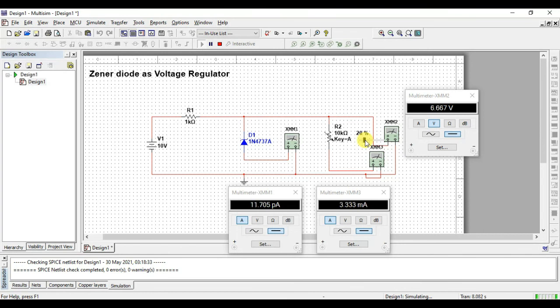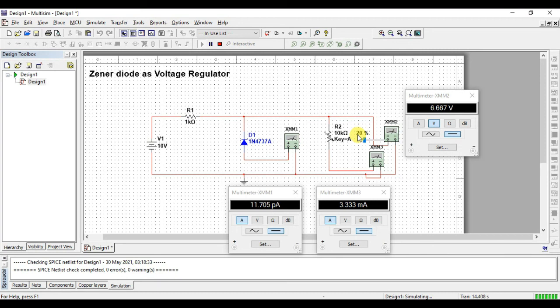But as I have taken the load very small, the output doesn't require that. It just requires what the particular load needs. This load requires only 6.67 volts at present. Now, 10 kilo ohms into 2% is 2 kilo ohms. This 2 kilo ohms demands only 6.67 volts at the output side, and that is what the GNR diode gives.